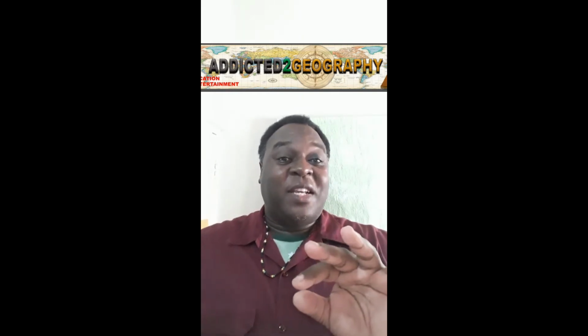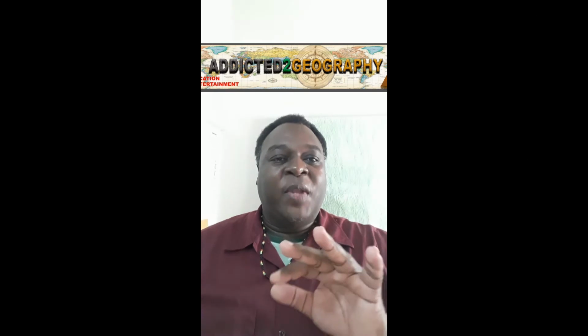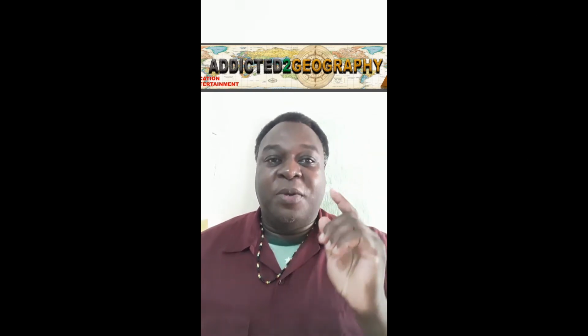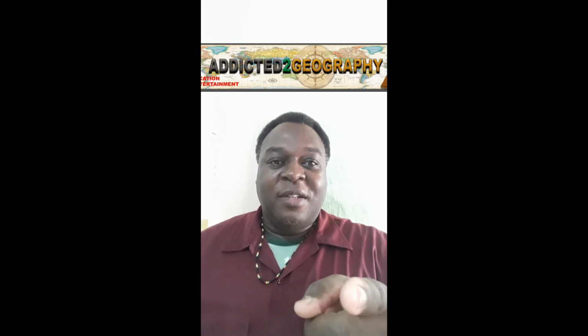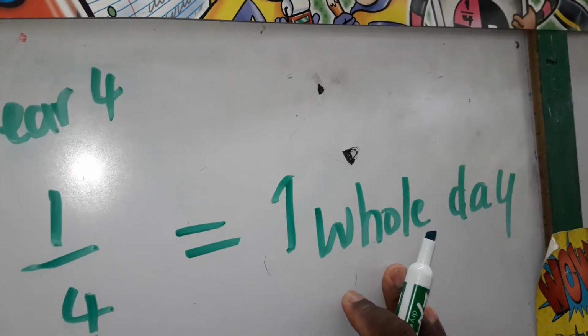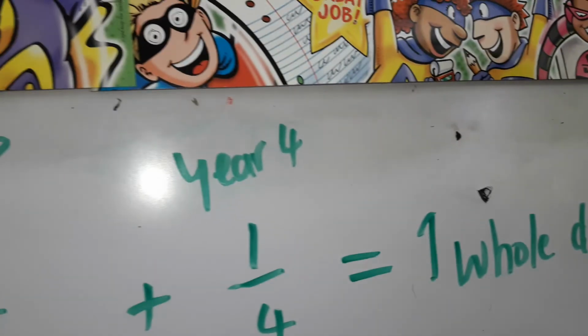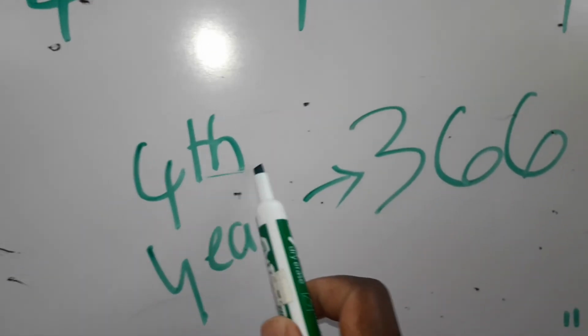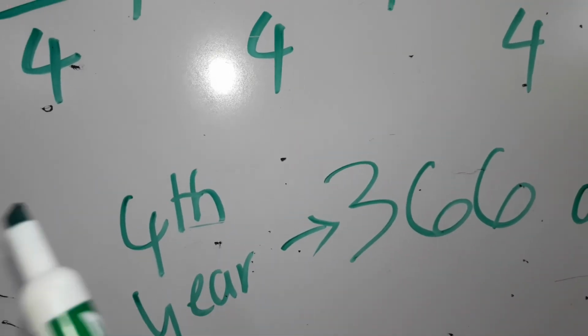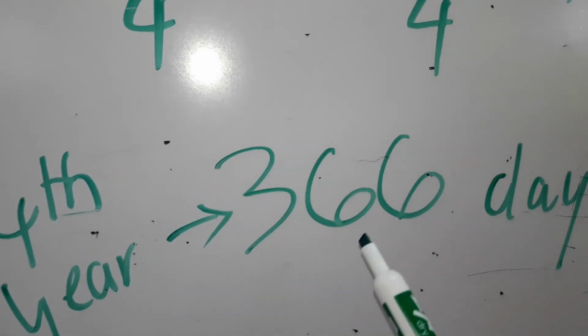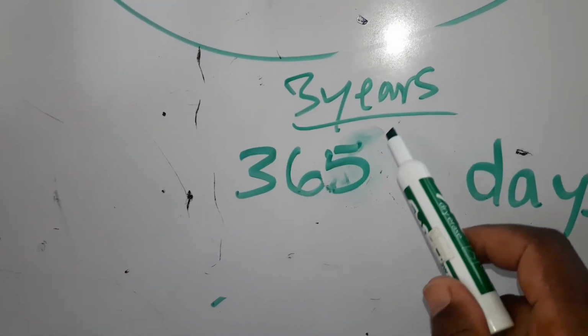Year 3, we take that quarter and put it down. Year 4 will also have a quarter. And if you put all 4 quarters together, you get a whole day, because quarter day plus quarter day plus quarter day plus quarter day gives you a whole day. That's 4 times 6 hours, and that's 24 hours.